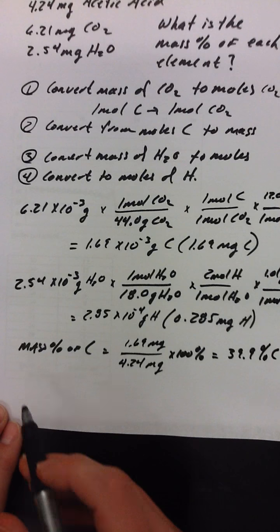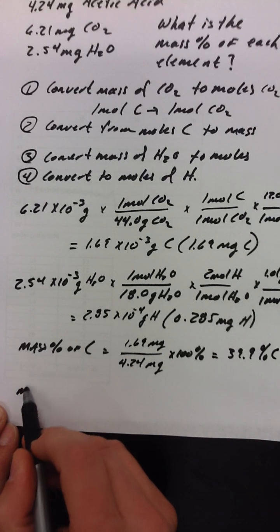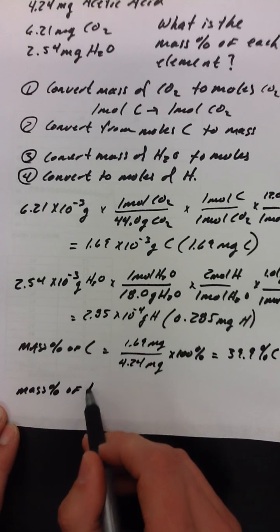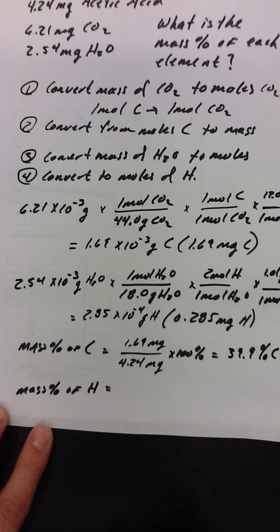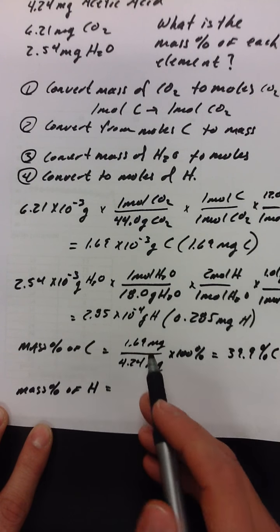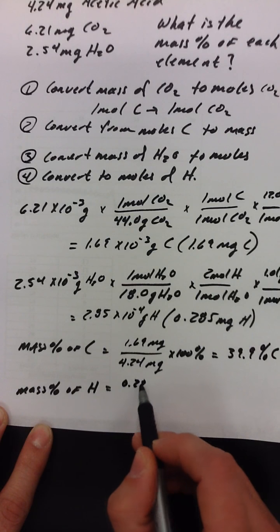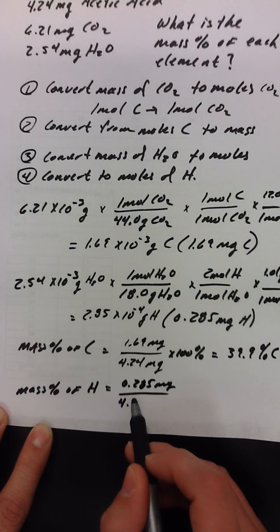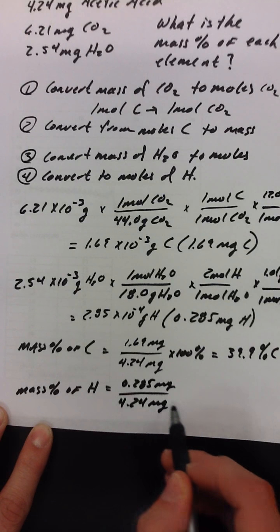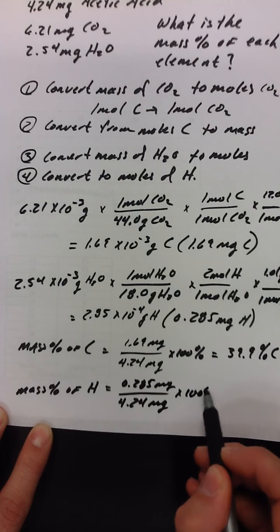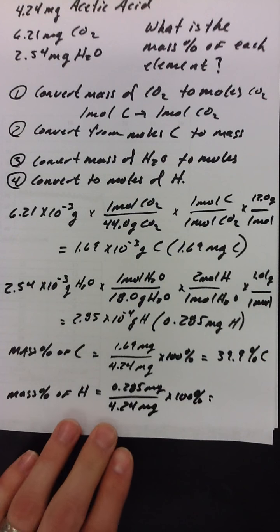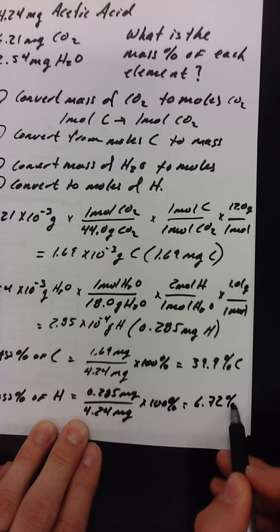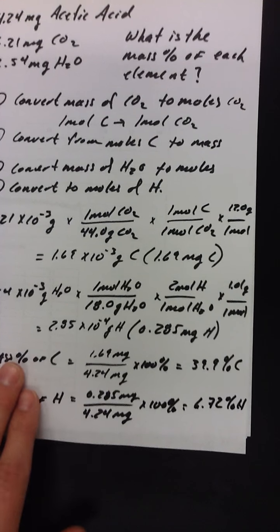Similarly, we can do the same thing with the mass of hydrogen. So mass percent of hydrogen. We take the weight of hydrogen, 0.285 milligrams, and divide it by the original weight of the sample, 4.24 milligrams, times 100%. And we should get 6.72% hydrogen.